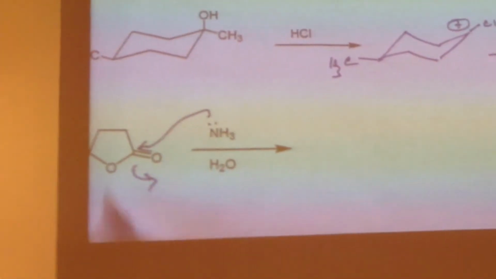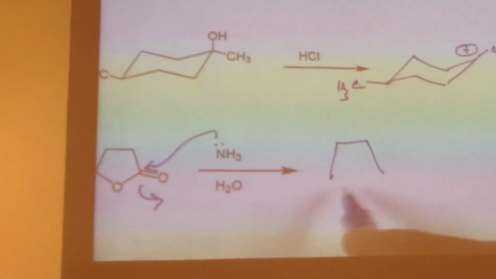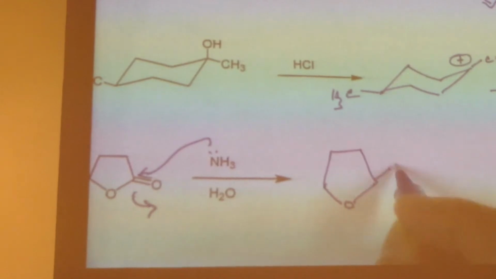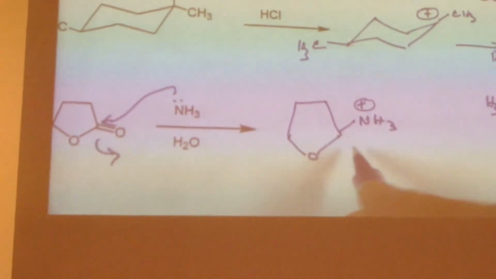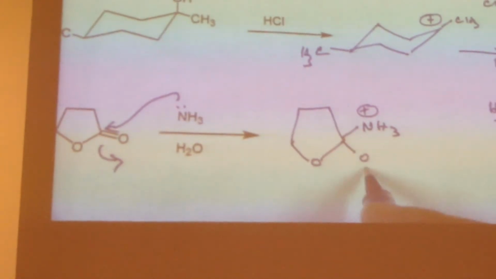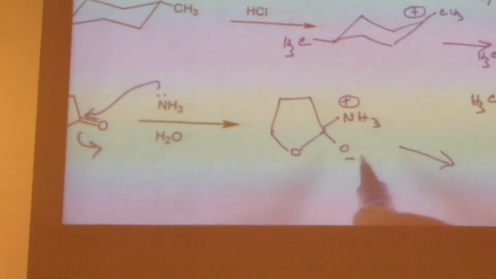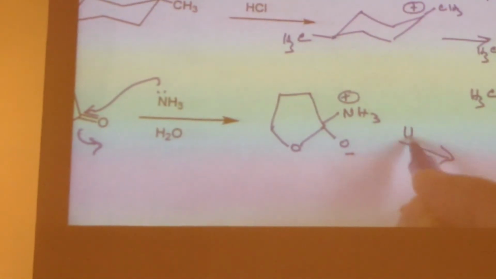And again, the ring opens up, and this one gets deprotonated by water.